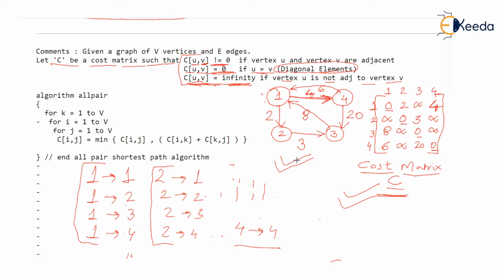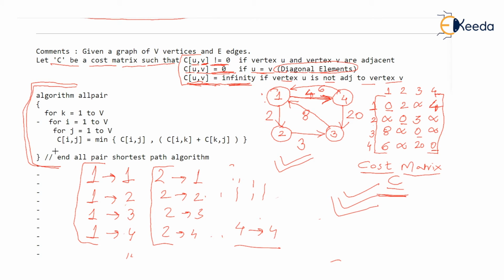We want 16 answers. Now observe the cost matrix again. This is the fun part. This cost matrix has exactly 16 elements. For each pair of vertices, there is an element in this cost matrix. So when we run our all pair algorithm, as I have written here, it is going to compute the shortest distance between every vertex and every other vertex.